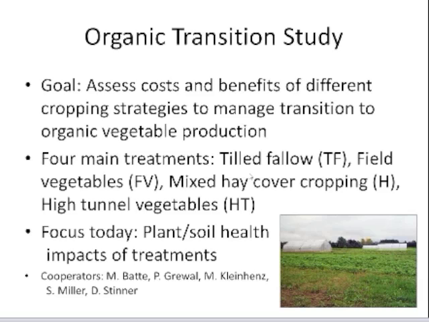And this is for the 3-year period between the end of conventional management and the transition to certified organic management. And what we were looking at were the costs and benefits of using tilled fallow, field vegetables, mixed hay cover cropping, or high tunnel vegetable cropping as a way of managing that transition both ecologically and economically.